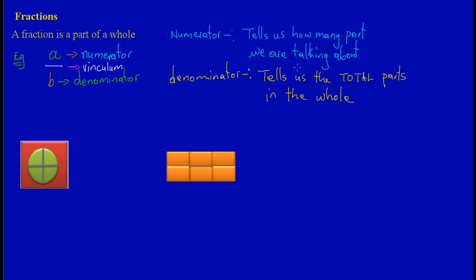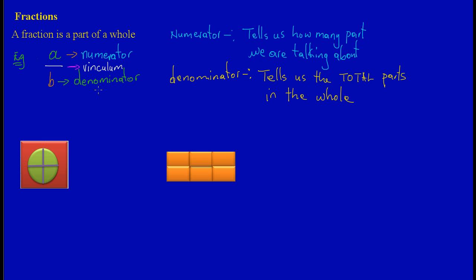So in a fraction, the numerator tells you how many parts you're speaking about, and by that we mean you may be giving away or receiving, and we're going to look at how we deal with that. And the denominator tells us the total parts there are in the whole.